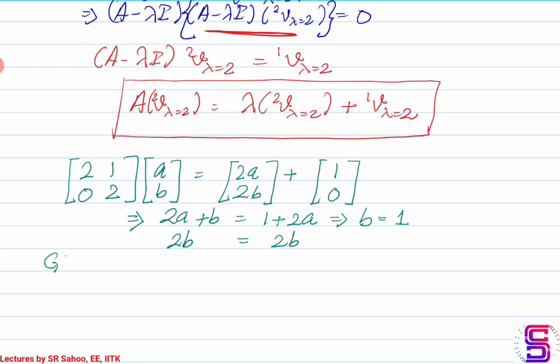So the generalized eigenvector is going to have a structure where A can be any real number, but B compulsorily has to be 1. Now there's an interesting thing that comes up here. For simplicity, I'll choose A to be equal to 0. This gives me the generalized eigenvector to be 0, 1.